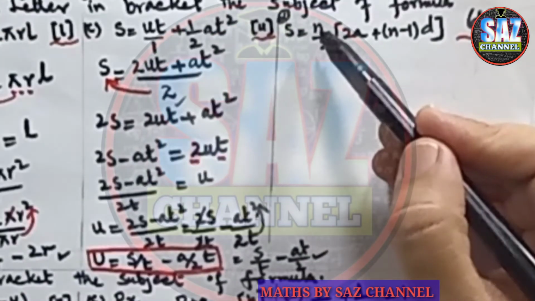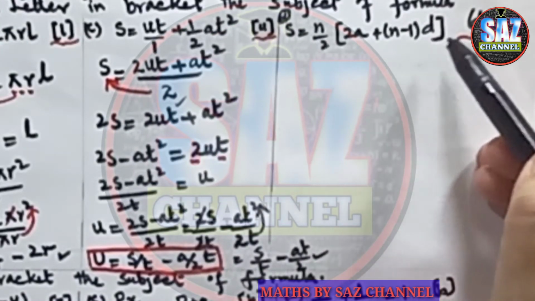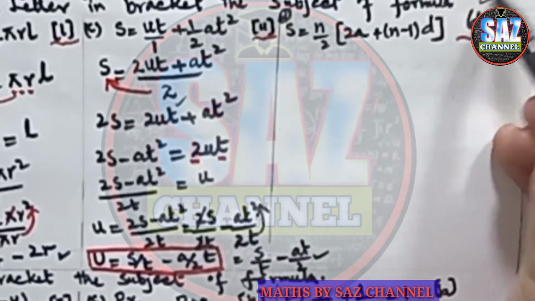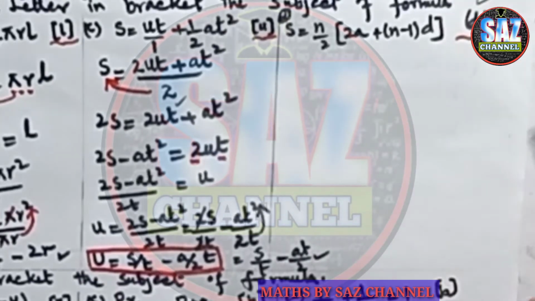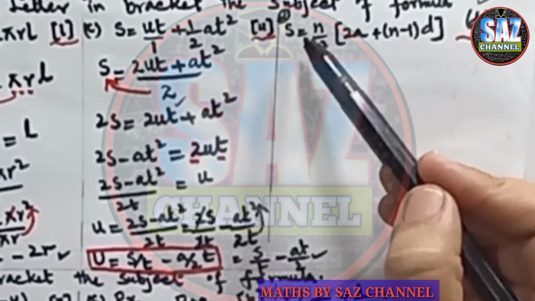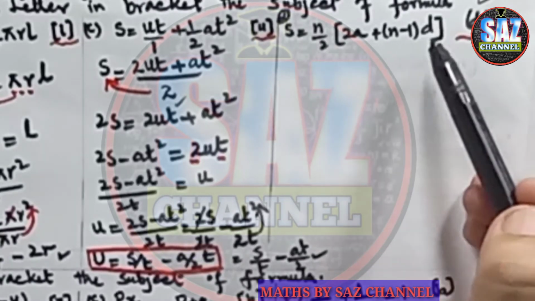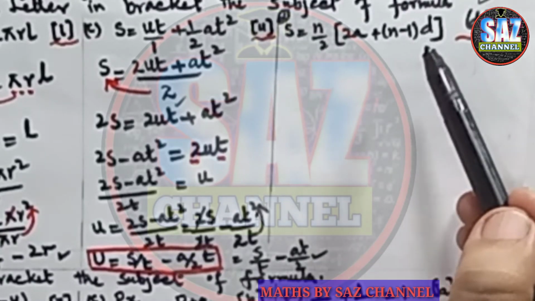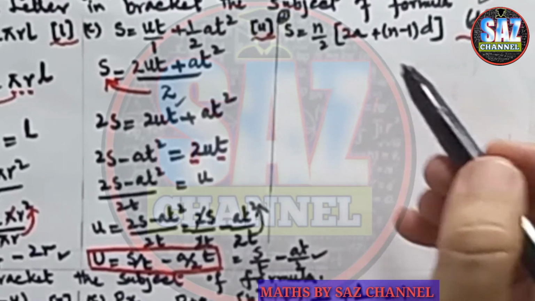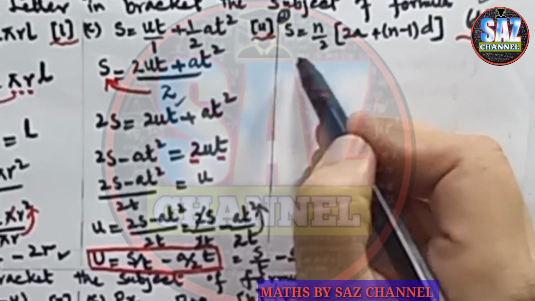Next part is s equals n by 2 into 2a plus n minus 1 into d. Here we want to make d the subject of formula. First of all, look carefully. This n by 2 is multiplied with the bracket that contains the letter which we want to make the subject of formula. So first of all, shift it to the other side.